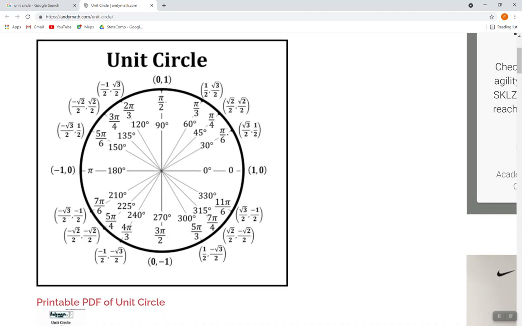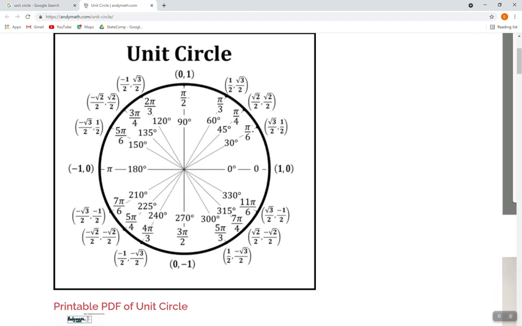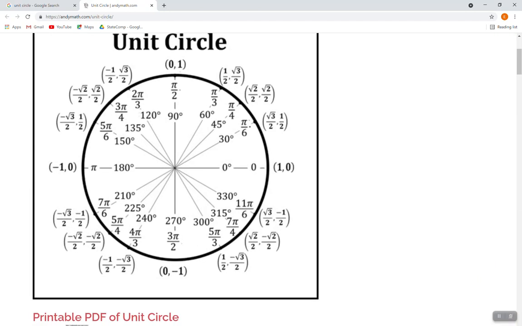Okay, and this is what we can create from it. Notice the points they have on the ends. So the (1, 0), right? And then from this, they break it up into 30, 45, 60, 120, 135, 150, and so forth all the way around. And notice they can tell us where these points are, right?